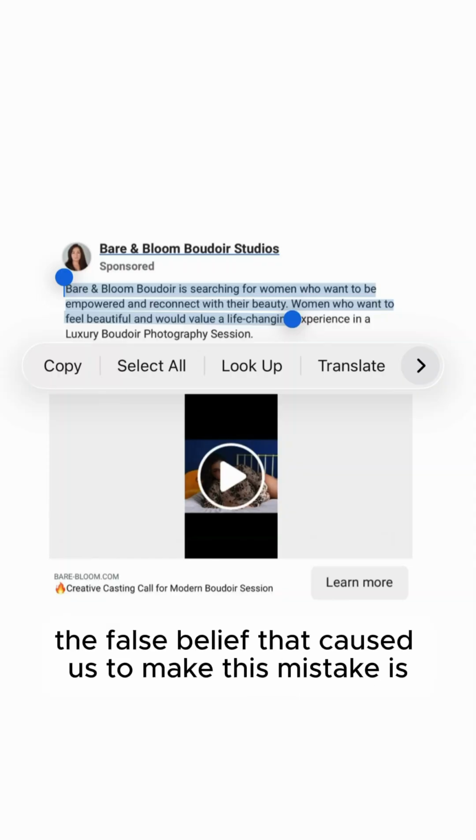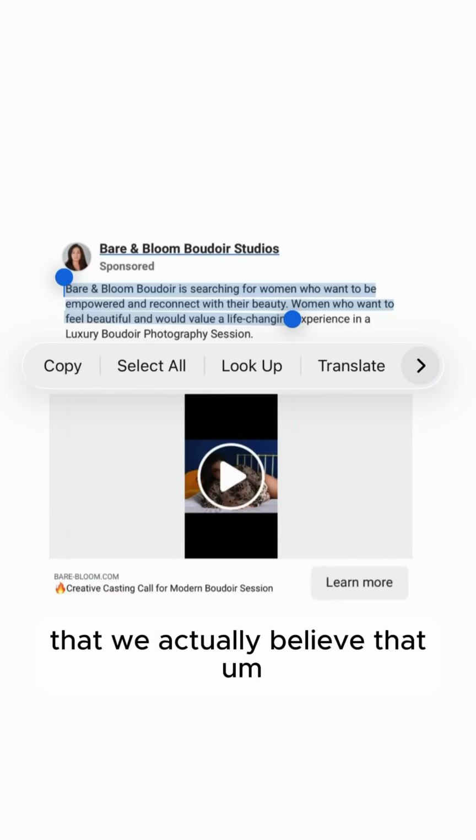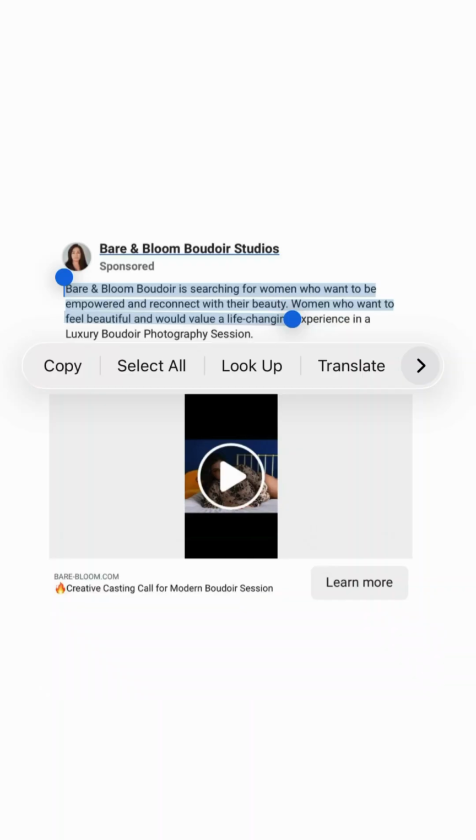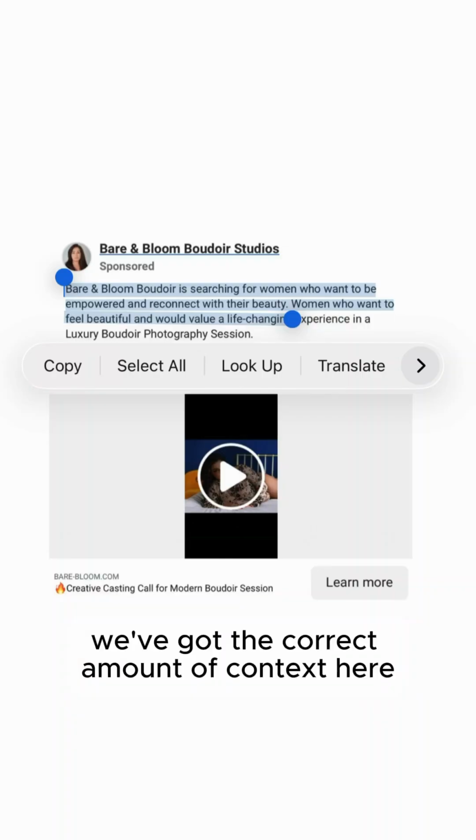The false belief that caused us to make this mistake is that we actually believe we've got the correct amount of context here.